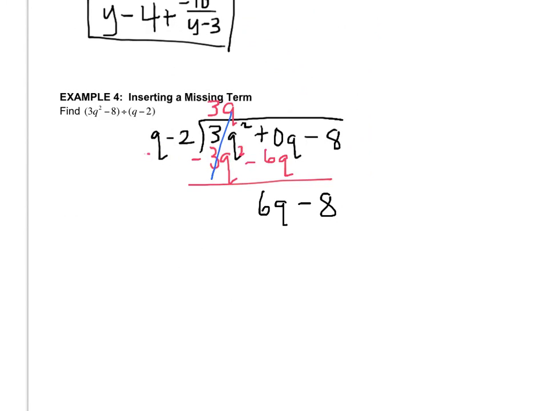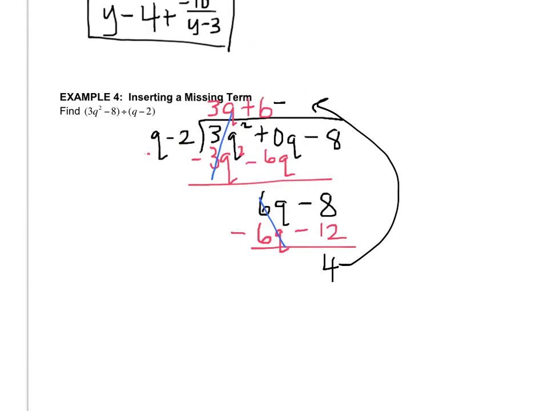Bring down the minus 8. q goes into 6q 6 times, so that's going to be plus 6. 6 times q is 6q. 6 times negative 2 is negative 12. These cancel. Negative 8 minus negative 12 is positive 4. So when I bring that up, I get plus 4 over q minus 2.